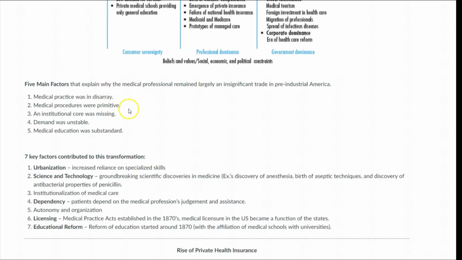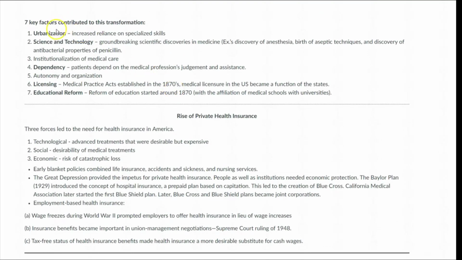And then it jumps into the 5 main factors that explain why the medical profession remained largely an insignificant trade in pre-industrial America. And then the 7 key factors that contributed to the transformation of the area of medicine. And last is a section that covers the rise of private health insurance.